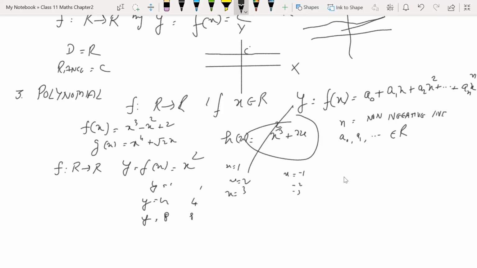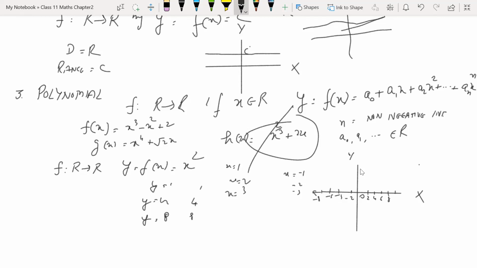So graphically we can represent it as these are the x and y axis. This is the x axis, this is the y axis. 2, 4, 6, 8, minus 2, minus 4, minus 6, minus 8.